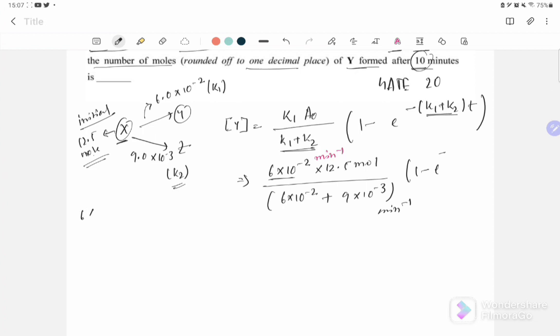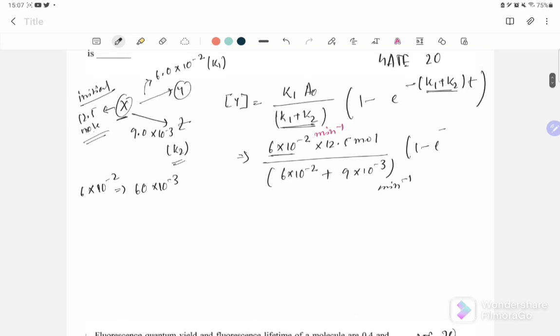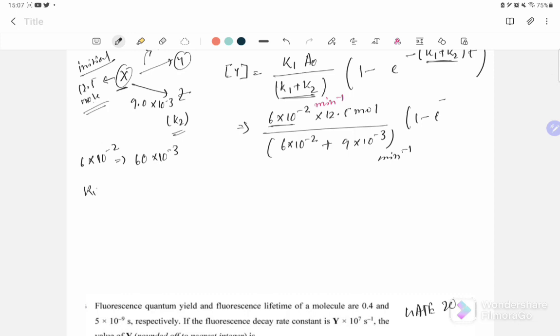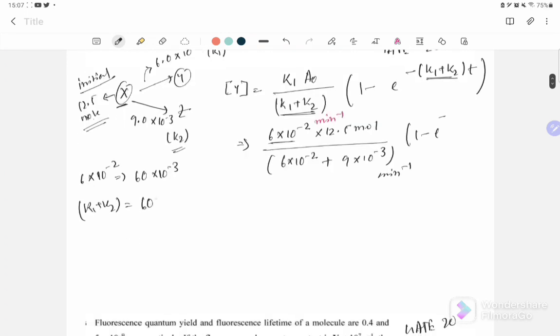We can also simplify this one. 6 into 10 to the power minus 2 means 60 into 10 to the power minus 3. If we add K1 plus K2, it will be 60 plus 9, so 69 into 10 to the power minus 3.